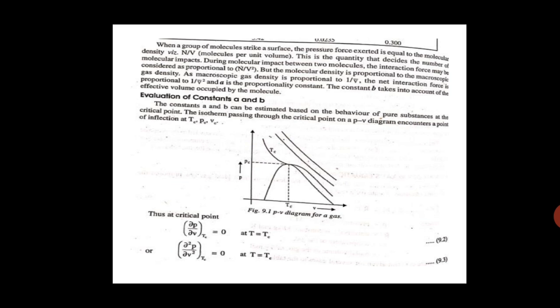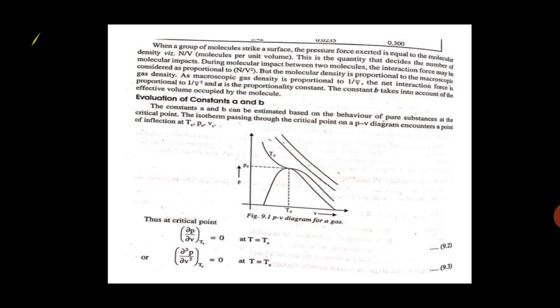So please understand, when they ask you to determine the constants A and B, we have to draw this PV diagram, draw this isotherm, then write the van der Waals equation, differentiate it twice, and then try to solve it.